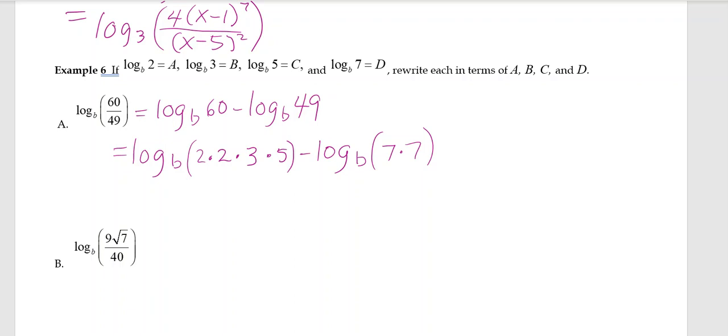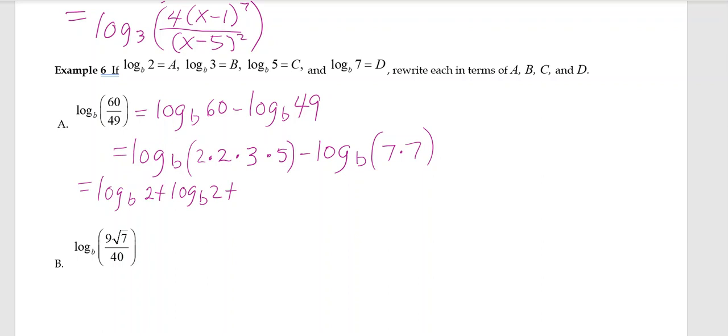Because I've got the log of some products, and I know that equals the sum of the logs. And then I'm going to have a quotient too, because there's a negative in there. So let's see what we're going to do here. Got the log base b of 2 plus the log base b of 2.